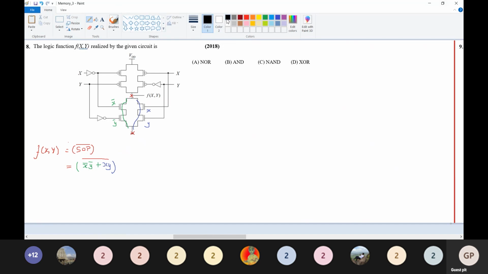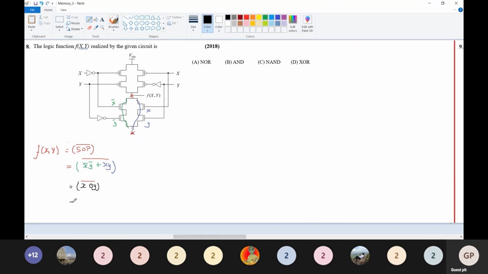So this expression can be written as x' y' plus xy, which is nothing but x NOR y, the whole complemented.